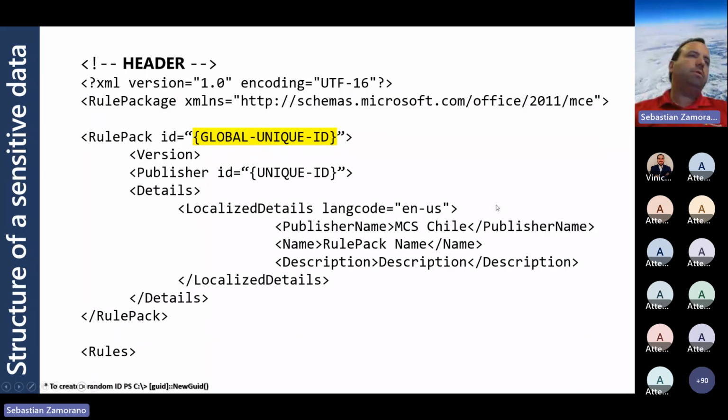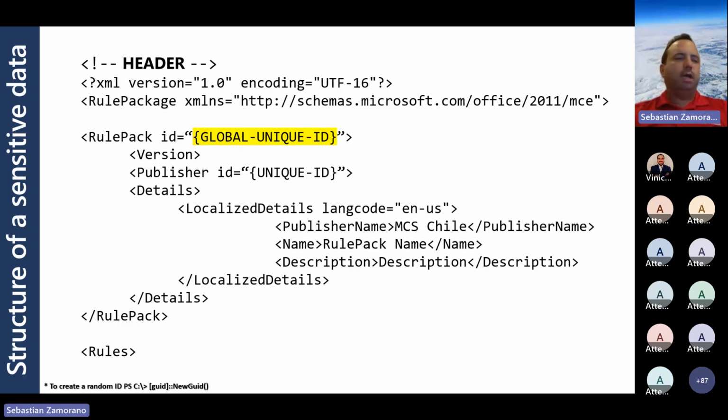I am explaining that one because to work on PowerShell, we need to work using an XML file. The XML file will help us to create several different kinds of sensitive information types. In my past experience working on sensitive information types, my first mistake was creating one sensitive information type per rule pack.